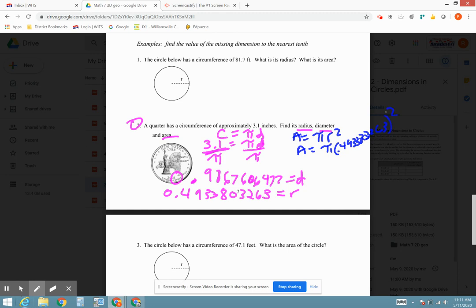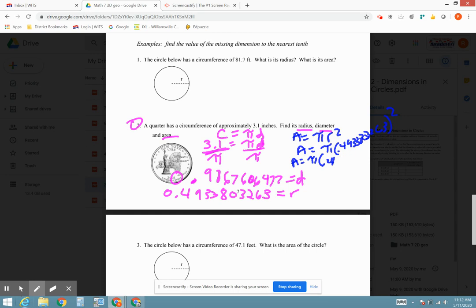Okay, it's still in my calculator, so now I am just going to take that and square it, I think. Yep, so I'm going to square it first, and I get 0.24. Doesn't make any sense.